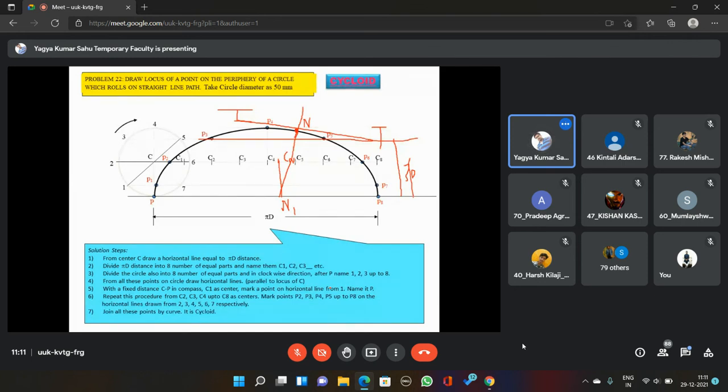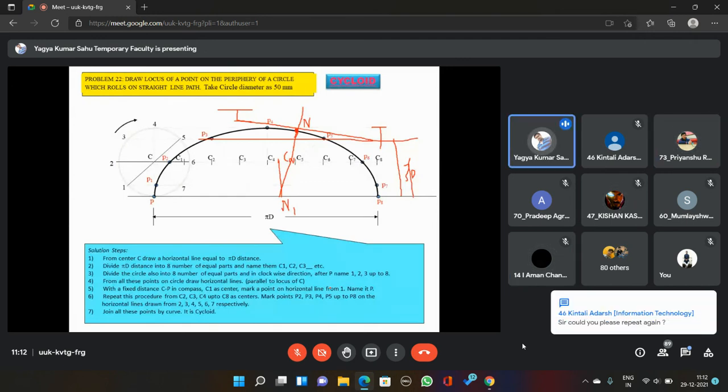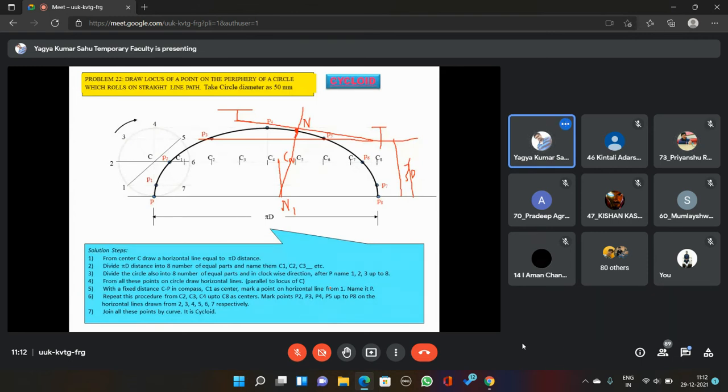Sir, can we try with a rounder? It will work, right? Not with a rounder. Join all the points with the help of French curve. French curve, okay? Not rounder. Use French curve for joining these points P1, P2 up to P7, P8.